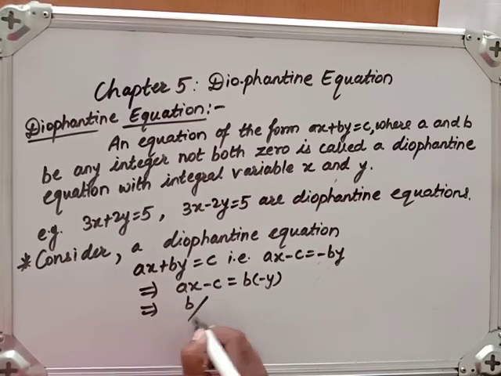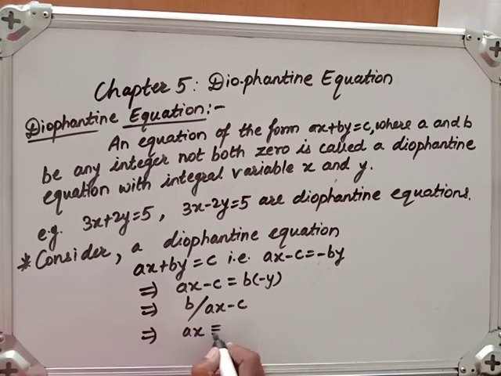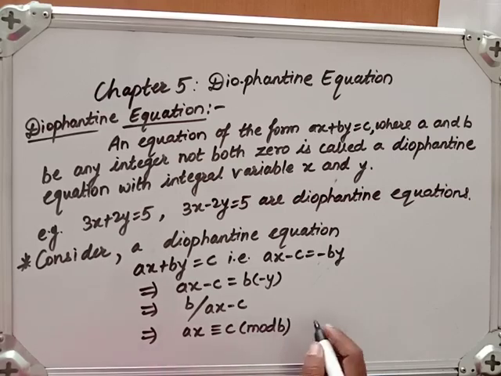This gives b divides ax minus c, that is ax congruent to c modulo b. Therefore, what does this say?